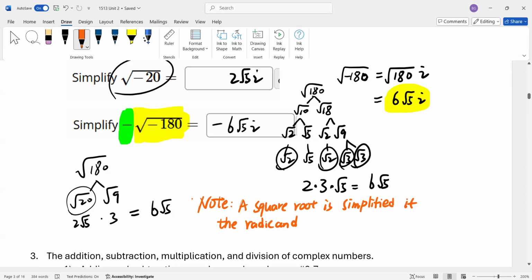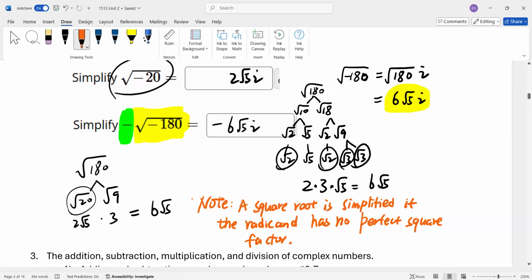They're important terminology. So radicand is whatever the whole thing is under the square root, under the radical. A square root is simplified if the radicand has no perfect square factor. That's the standard to determine if a square root is simplified or not.